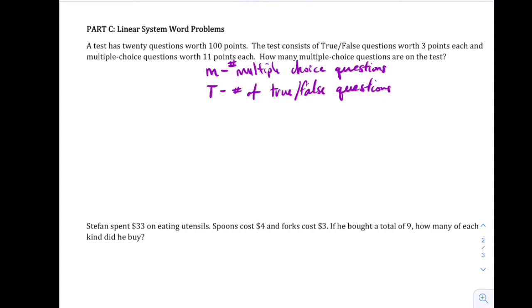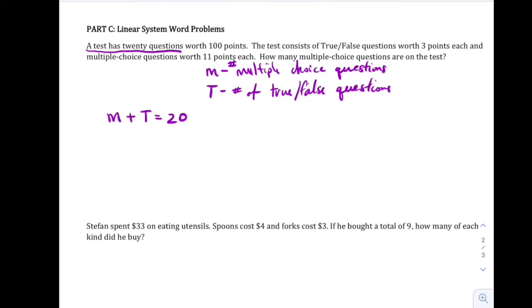So we're going to have to break down some of our equations here. So the first thing that I read is a test has 20 questions. So that means all the multiple choice questions plus all the true or false questions, it's 20 of them.